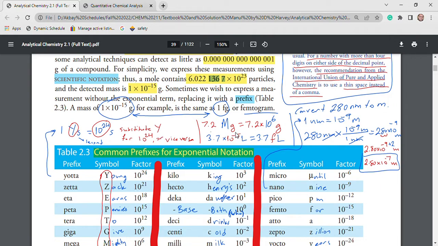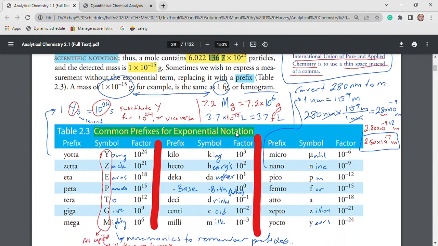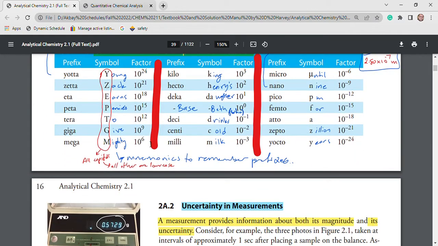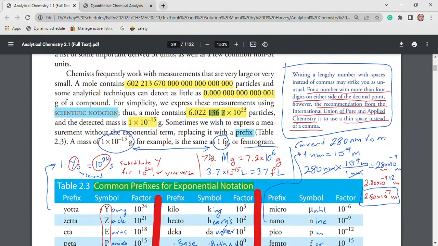The other example is megagram. Mega, as you see here, is 10 to the 6, a million. So 7.2 megagram equals 7.2 times 10 to the 6 grams. We substitute M with 10 to the 6, because those can be substituted for each other.